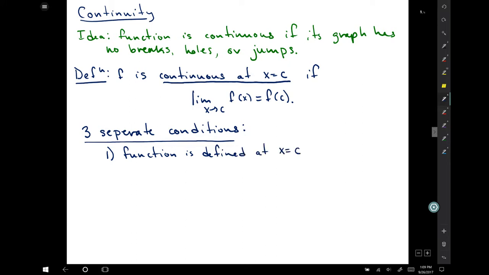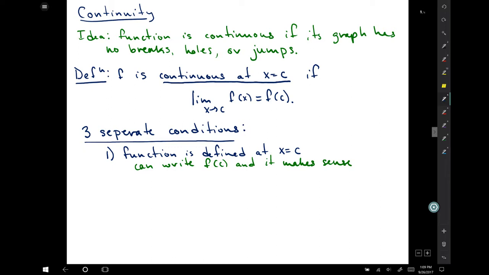And this really is so that we can write down f of c and have it make sense.